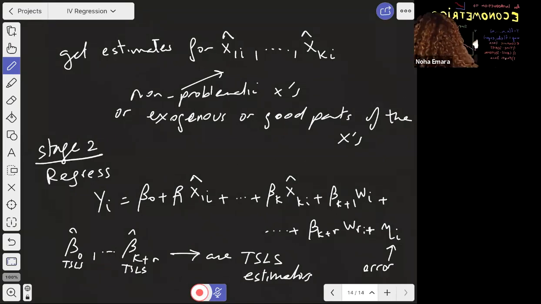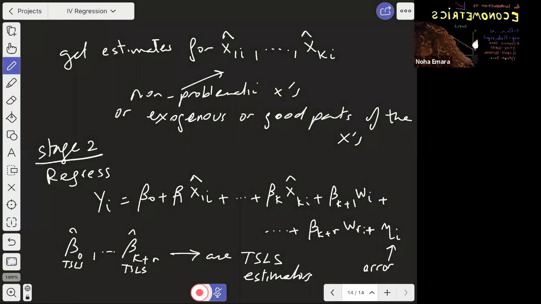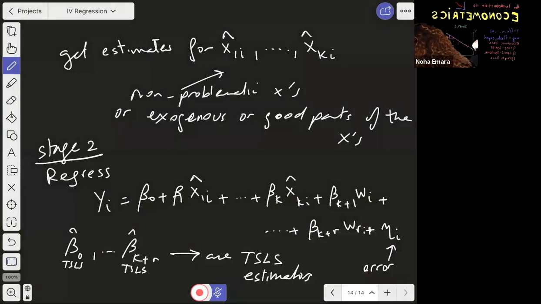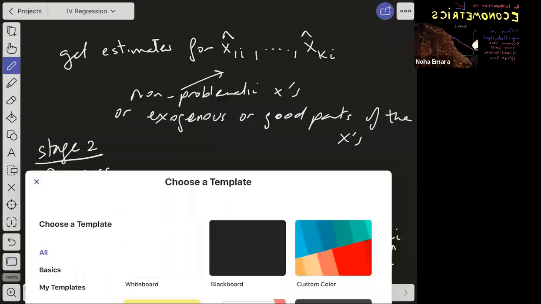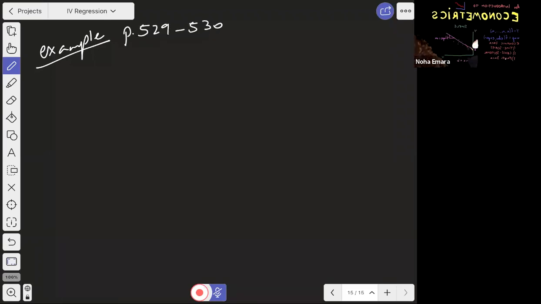So let me give you an example. And the example is from your textbook, page 529 to 530, and it's a good example.